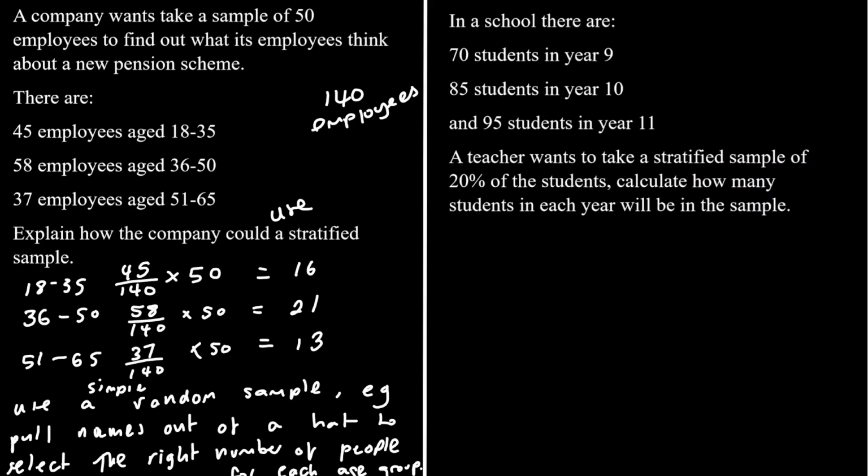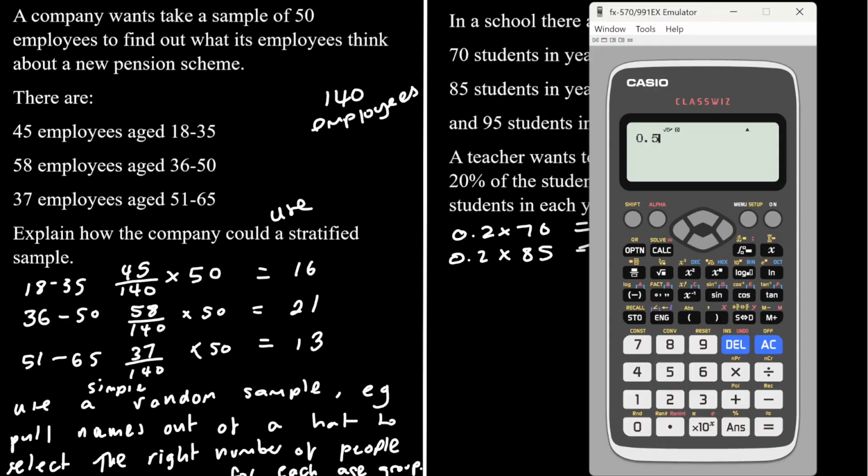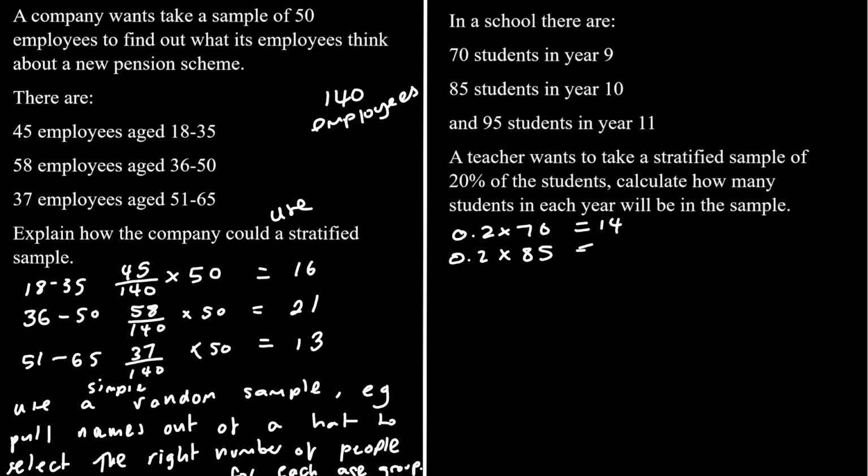It's the same as taking 20% of each one. So 0.2 times 70 is 14. 0.2 times 85 is 17.